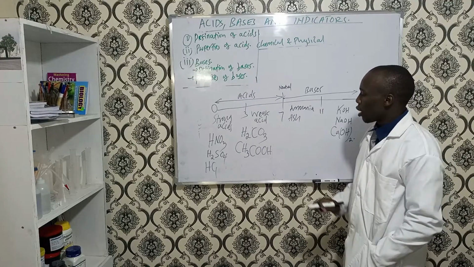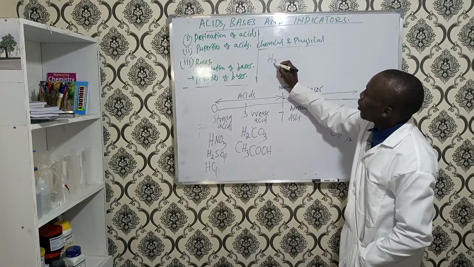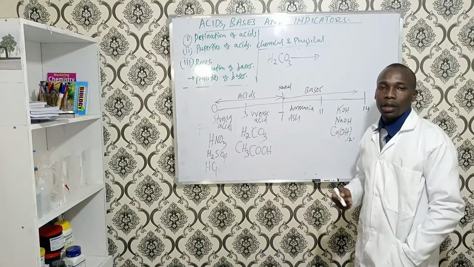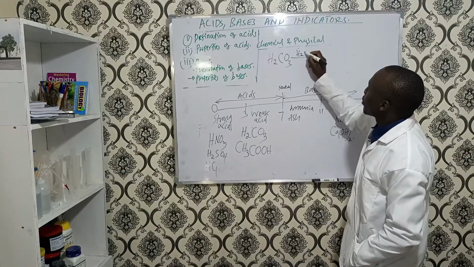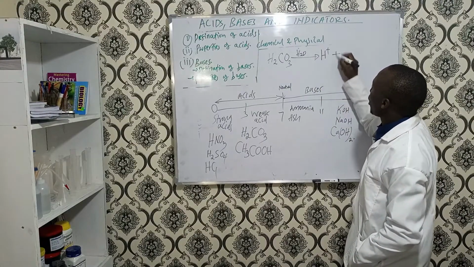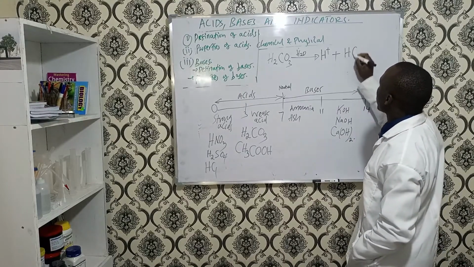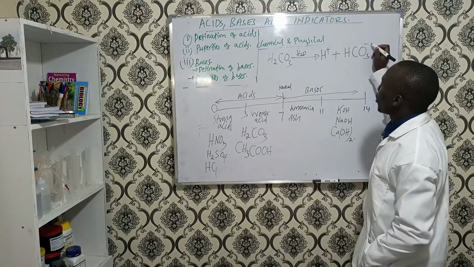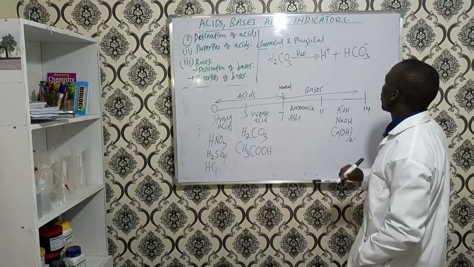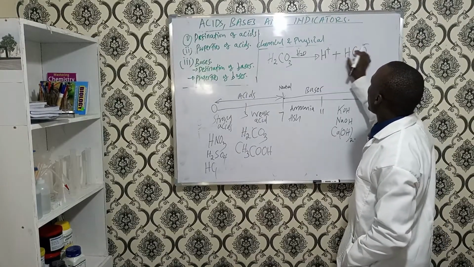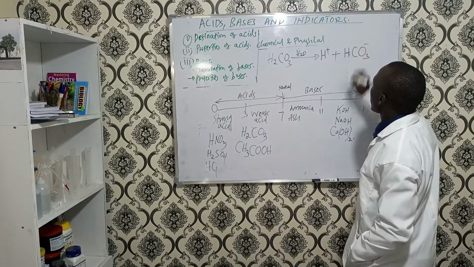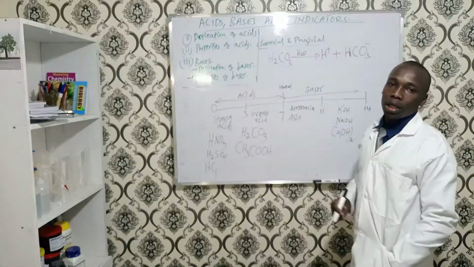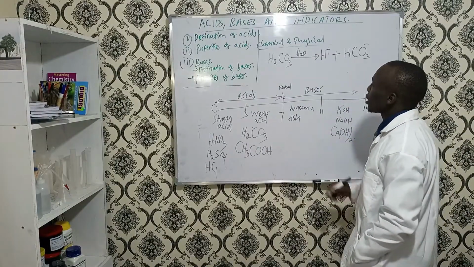If you take a look at carbonic acid, H2CO3 dissociates partially in water to give us hydrogen ions, which is H positive, and HCO3, which is the hydrogen carbonate ion or radical. In this radical here, we still have some hydrogen atoms, which shows that there is no total dissociation, and because of that, it becomes a weak acid.